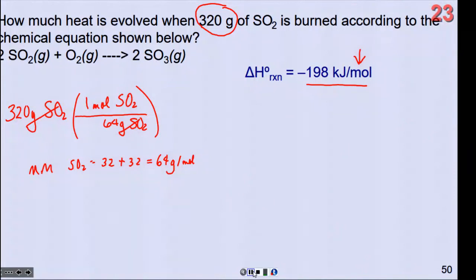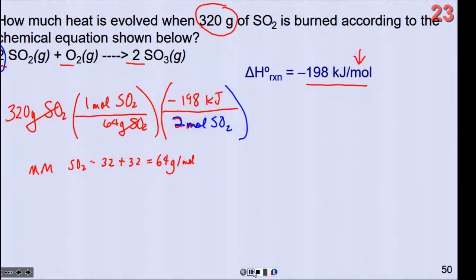But that tells us how many moles of SO2. But this heat of the reaction, the enthalpy change for the reaction, is per mole of everything as shown in the balanced equation. And so this is going to be used how? It means it's minus 198 kilojoules per, in this case, 2 moles, based on our balanced chemical equation, 2 moles of SO2.